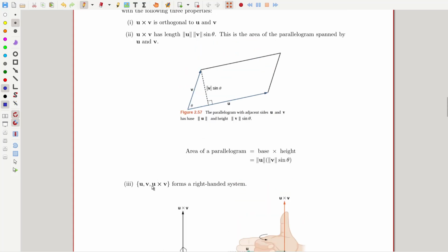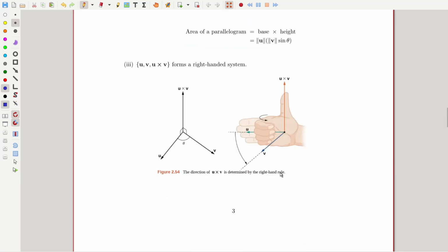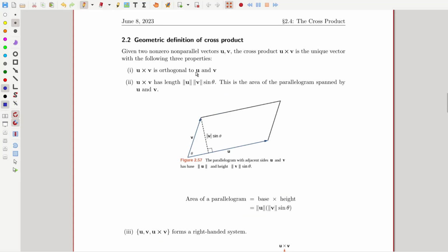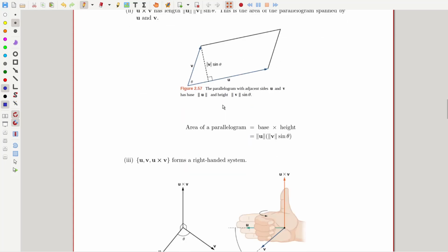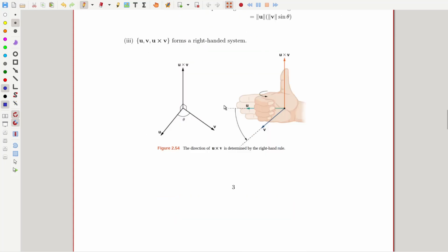If you didn't have this last condition, these 2 properties define it only up to direction. You have length and magnitude, but the direction is a bit ambiguous because it could be pointed in some positive direction or pointed in some negative direction. You need the right-hand rule to distinguish which direction it is. Otherwise, there's another vector that is pointed downwards of the same length in this picture.